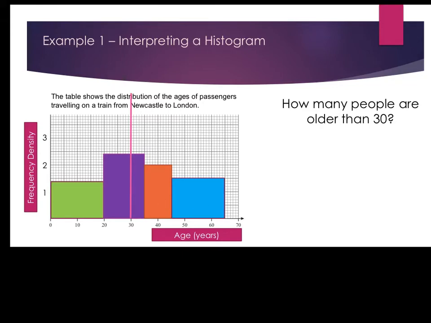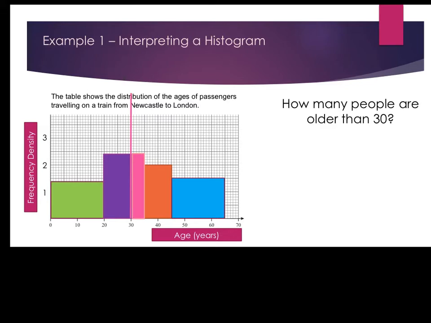What I'm going to do first of all though is colour in this rectangle that we've created by drawing this line in a different colour. So we're going to first off find the area of the pink one.